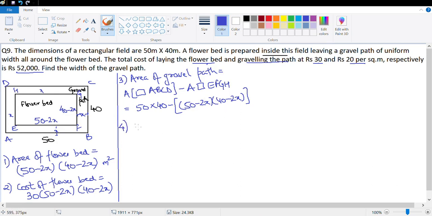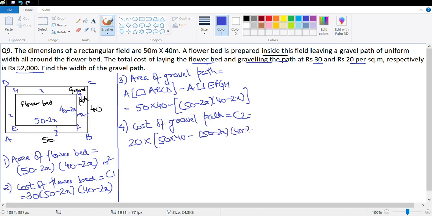That would mean cost of gravel path is equal to, let's call this cost as C1 and let's call this cost as C2. This would be equal to, this is at 20 rupees, so this is 20 times [50 into 40 minus (50 minus 2x) multiplied with (40 minus 2x)].